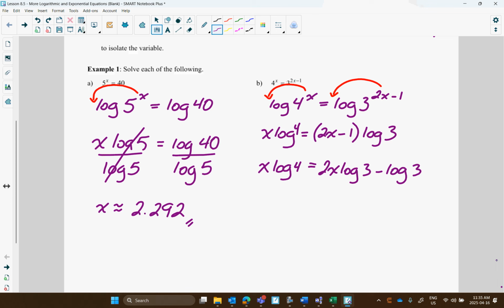Okay, what can I do to the right-hand side? Well, I can multiply log 3 by everything inside. So 2x times log 3 is 2x log 3. Minus 1 times log 3 is just minus 1 log 3, or minus log 3. Here's a situation where we have variables in two terms, here and here. I've got to get them on the same side. So how do I get them on the same side? I've got to take this over to this side by subtracting.